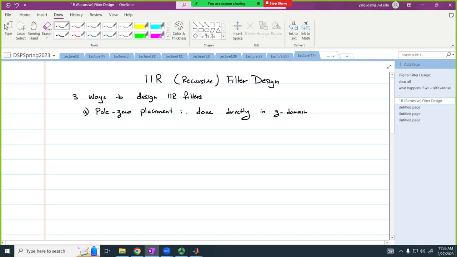In this method, we select poles and zeros to achieve the approximate desired frequency response.